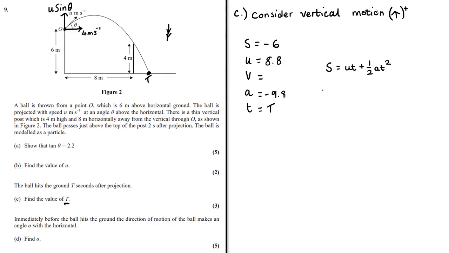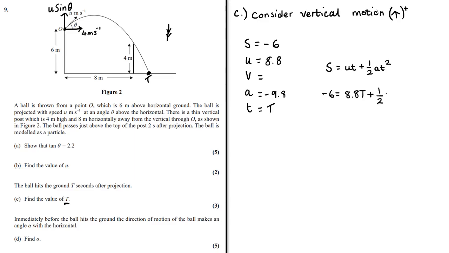So S is equal to minus 6. I get minus 6. UT, so U is 8.8, times that by T here. So I get 8.8 T plus a half of AT squared. So A is minus 9.8, and we divide that by 2. So that would give me minus 4.9. So let's just write it in full.